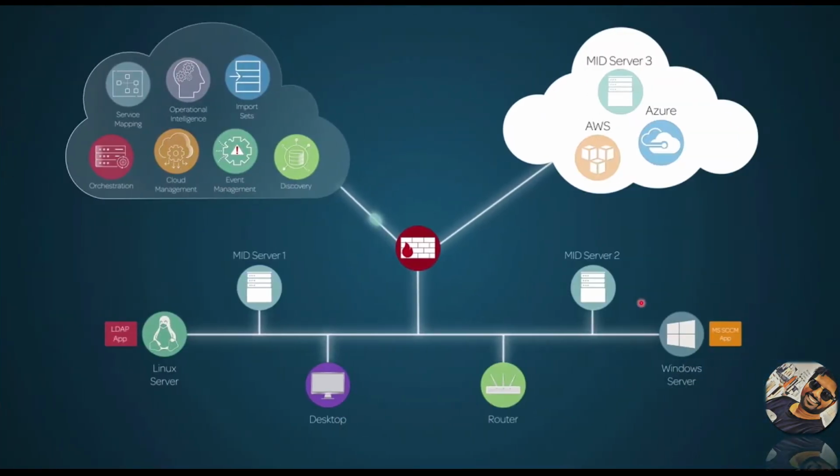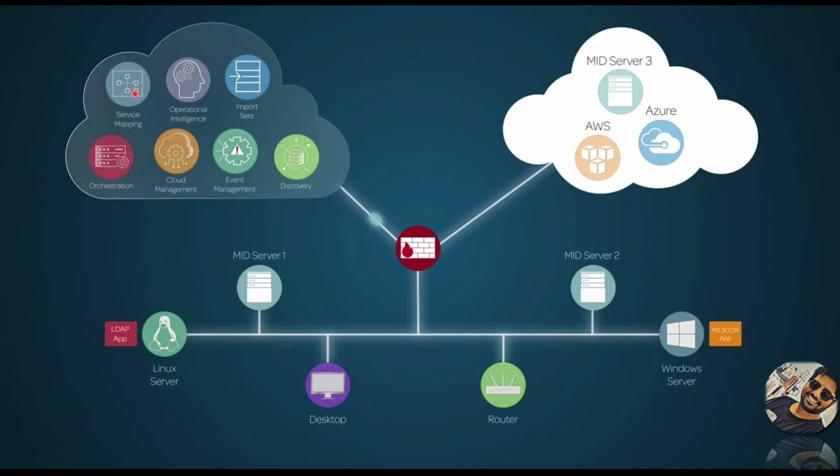In this diagram, I try to show you where our MID Server can be utilized. Let's say this is my MID Server 1, this is my MID Server 2, and here is my ServiceNow. In ServiceNow, there are multiple applications that can utilize the MID Server.